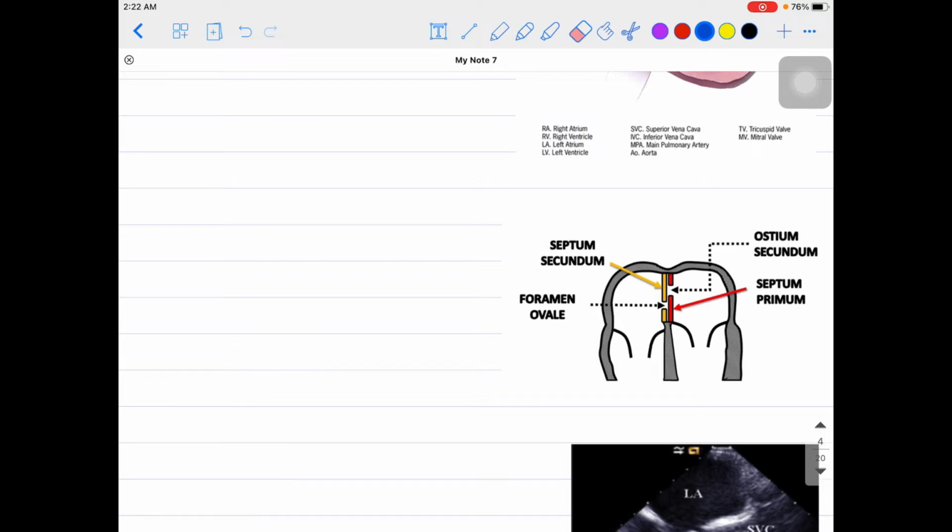The umbilical vein carries the blood first into the right atrium, then through this foramen ovale and ostium secundum the blood flows into the left atrium, then from the left atrium to the left ventricle, and from the left ventricle to the aorta.